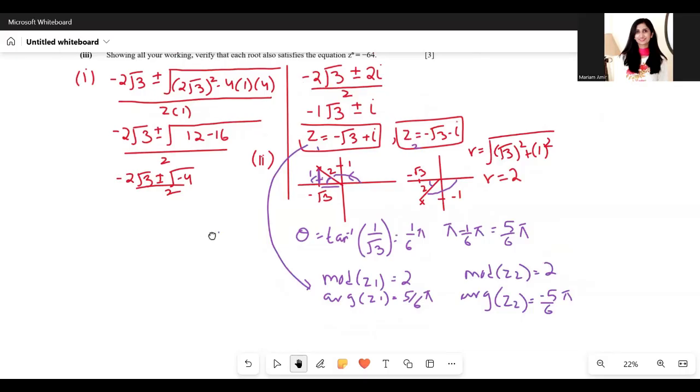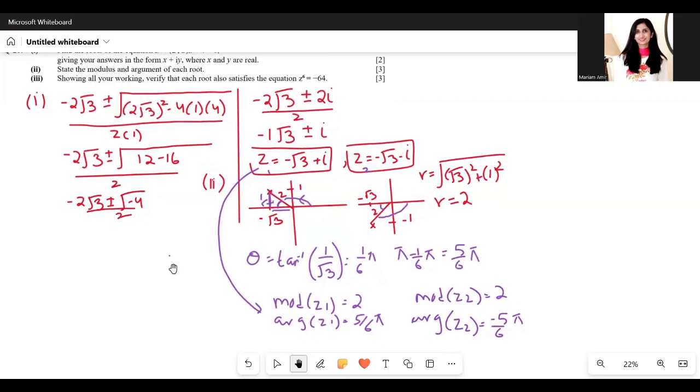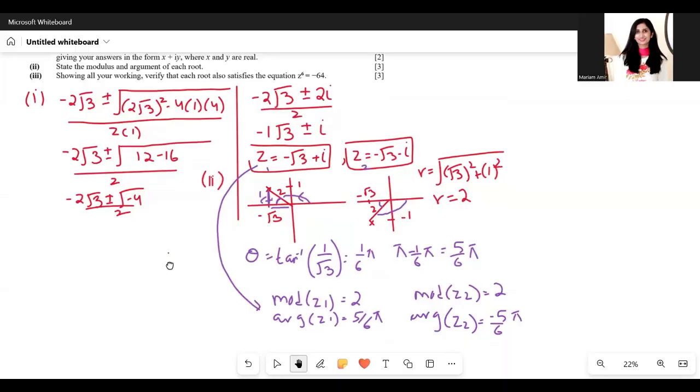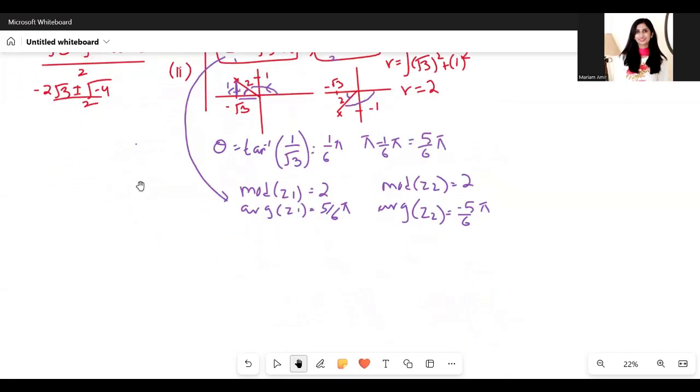Then the next part: show all your working, verify that each root also satisfies z to the power 6 equals negative 64. So we will now find the power 6 of each root, z1 to the power 6 and z2 to the power 6.